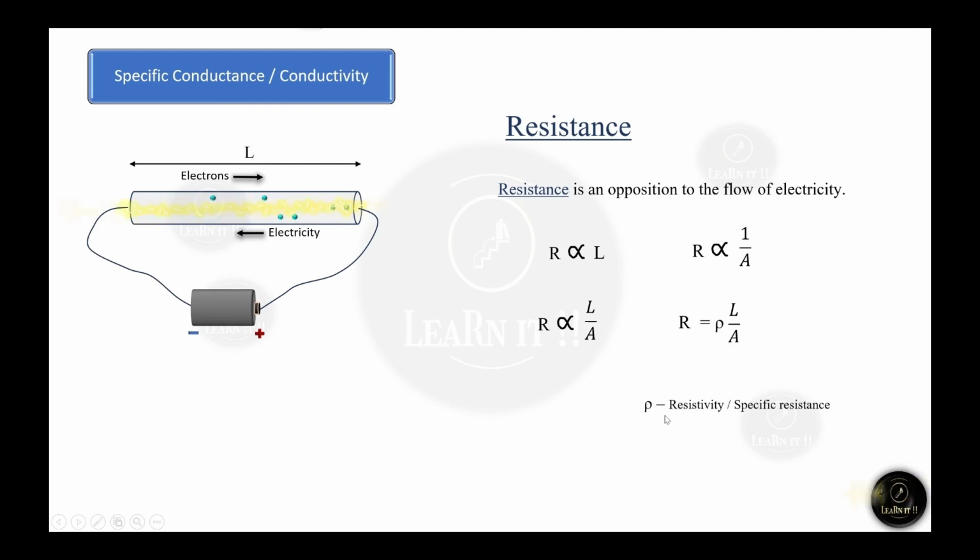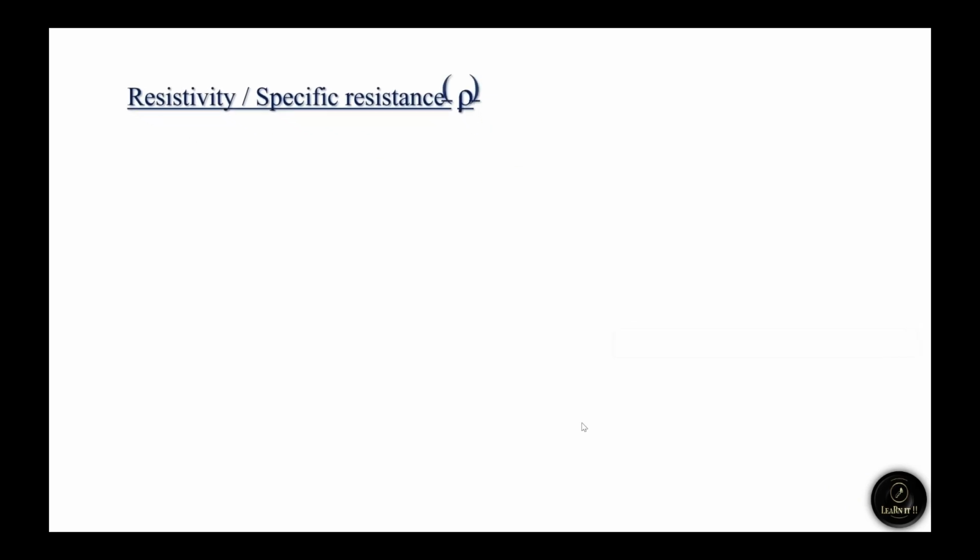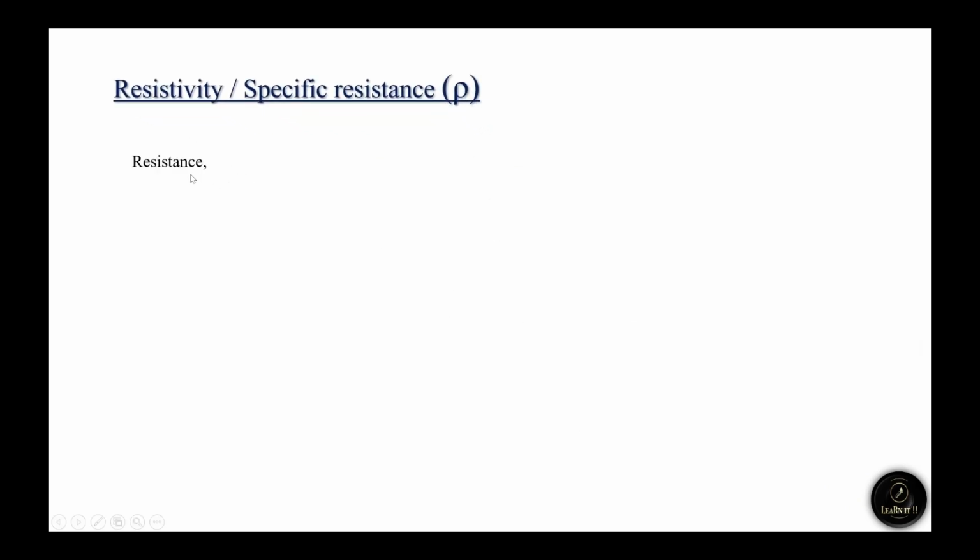So by taking this example, we need to know what resistivity or specific resistance is, which is indicated by rho. With respect to resistance, R is equal to rho L by A. That's why this resistivity is equal to R into A by L.